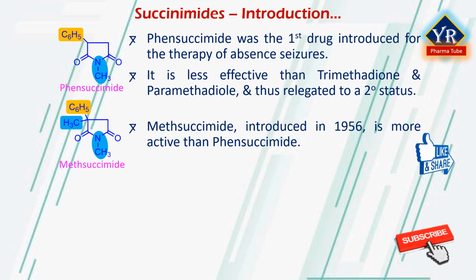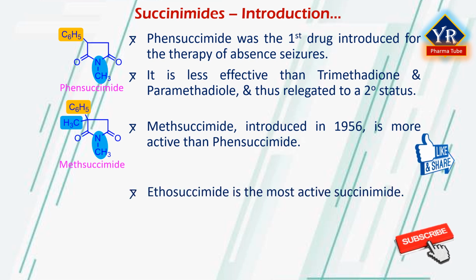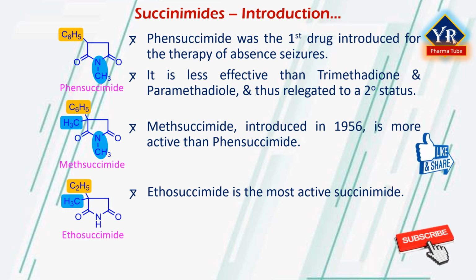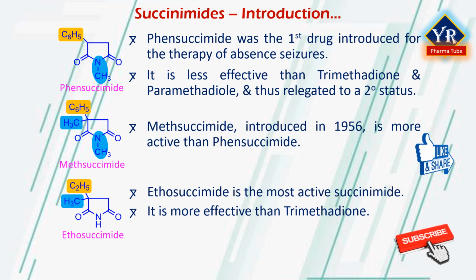However, neither of the two is now in common use. Ethosuximide, an alpha-alpha dialkyl succinimide, is the most active succinimide and is the most selective for clinical absence seizures. It is more effective than trimethadione and has lower risk of serious adverse effects.